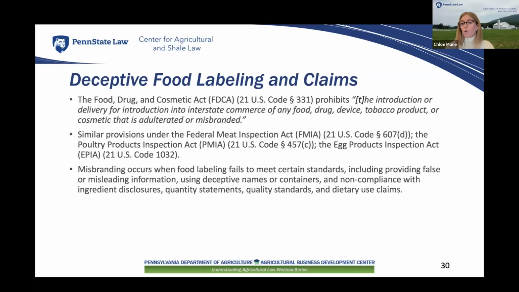So, for example, a food product advertised as organic, even though it is not certified organic, or a product label made in USA when it actually contains foreign ingredients. So the law provides that a food is misbranded if it contains inaccurate or deceptive information about the product.